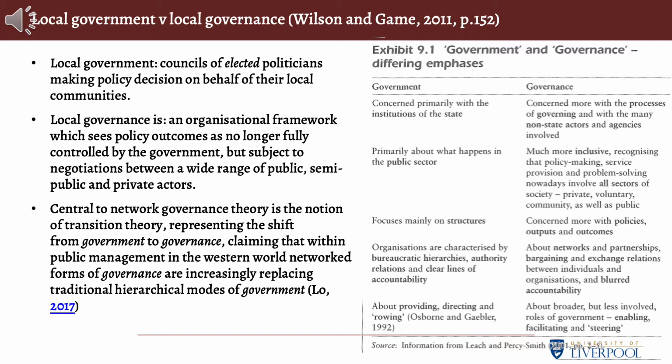So the table on the slide is taken from Wilson and Game and shows some of the key differences or tensions between government and governance. Now, it's important to note that the governance network idea doesn't mean all bodies are equal participants, as I alluded to earlier. Asymmetric power, resources, things like that all make a difference, and local government still remains often the only elected body in the policy-making network.